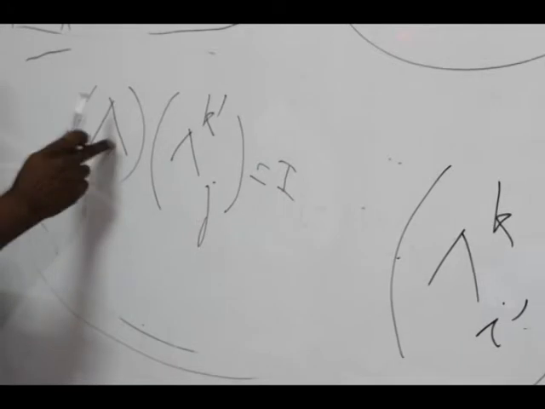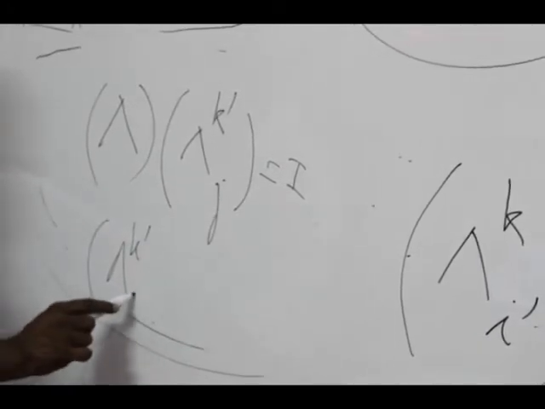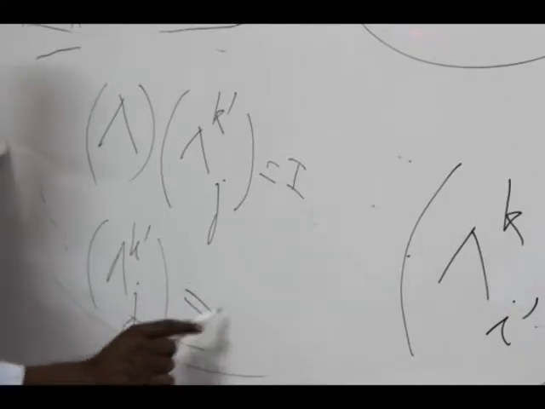So lambda k dash j is the inverse matrix of lambda. Matrix lambda k dash j is the inverse matrix, lambda inverse.